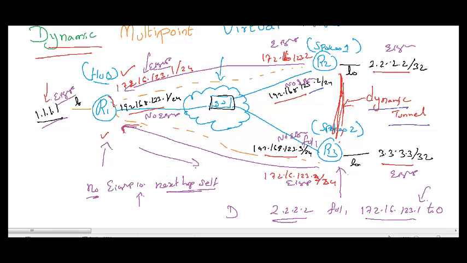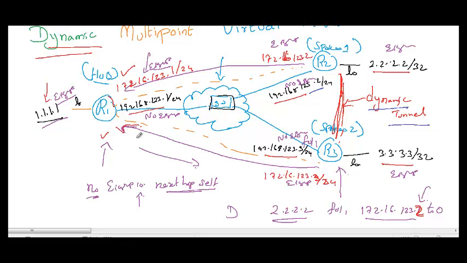Rather, it will just carry the original source address, which is 2. Router 1 is learning from 2, so it will just pass it on without swapping in its own address.